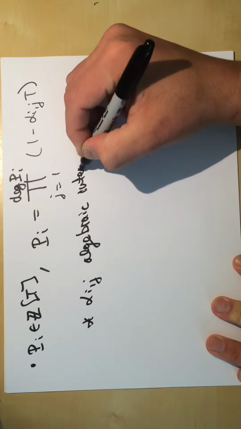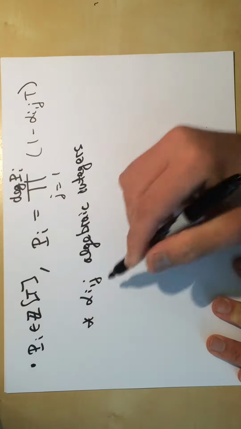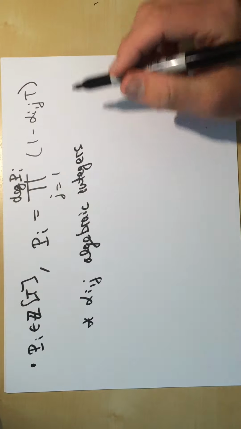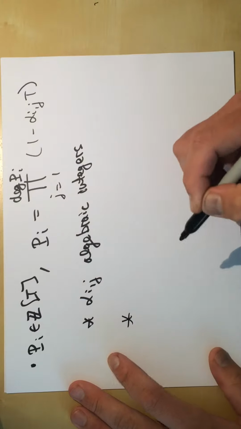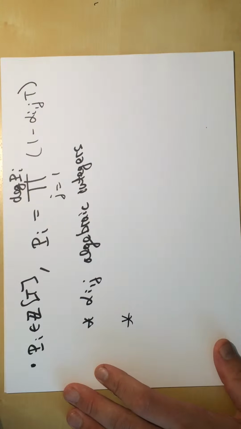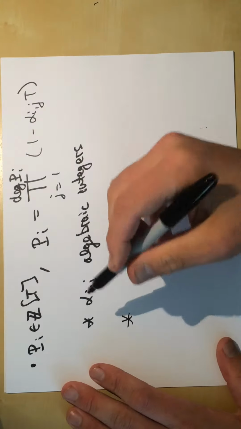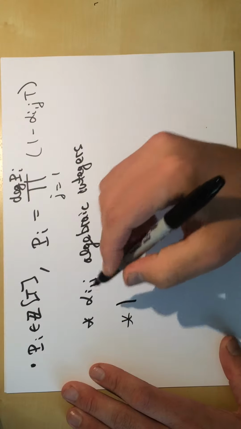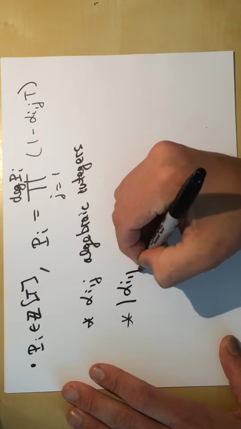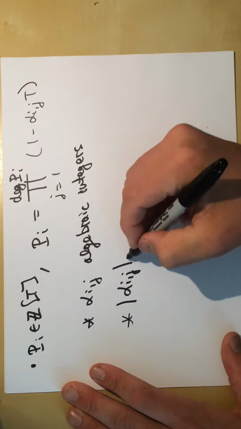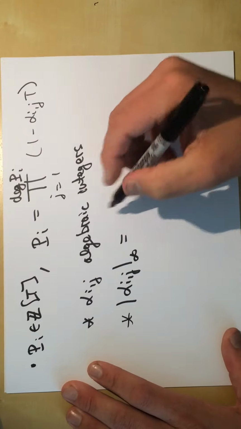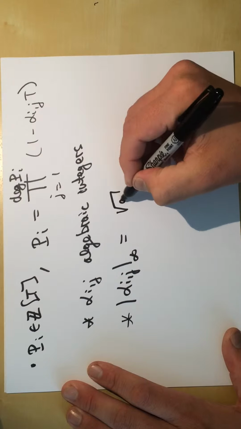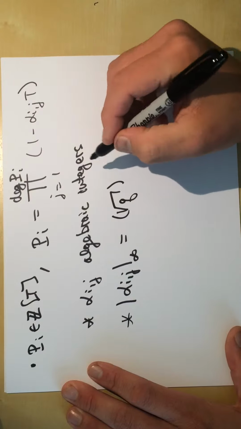I'm not sure who did this. I'll say who it is after I look it up. Then it turns out that these alpha_ij's, since we're over Q, we're going to take the usual norm, and this thing is going to be the square root of q to the ith power.